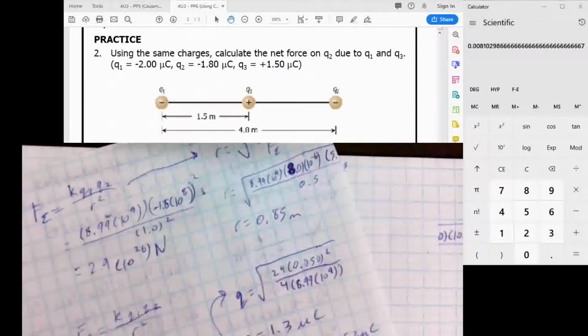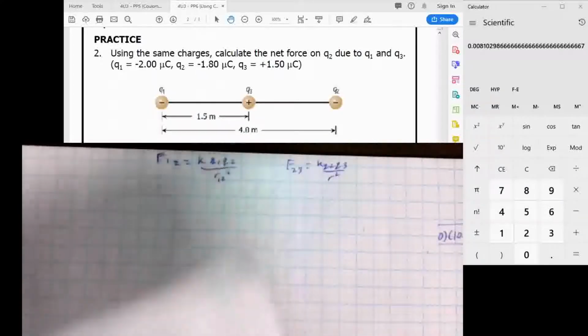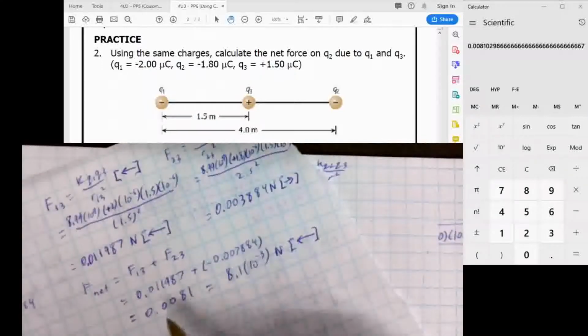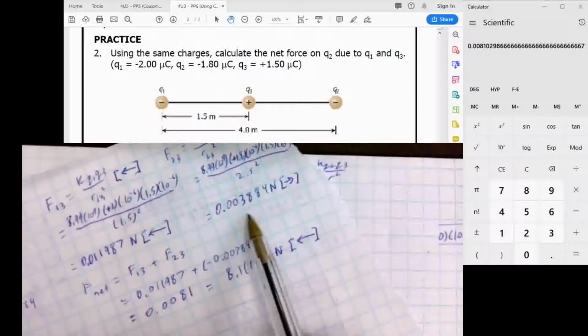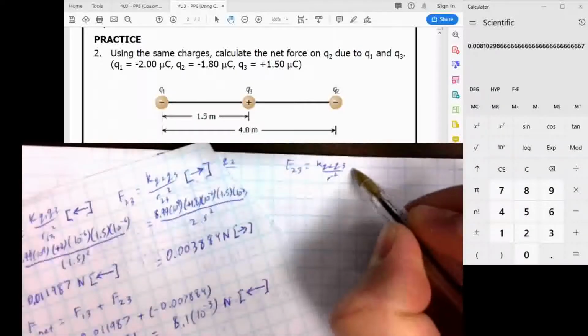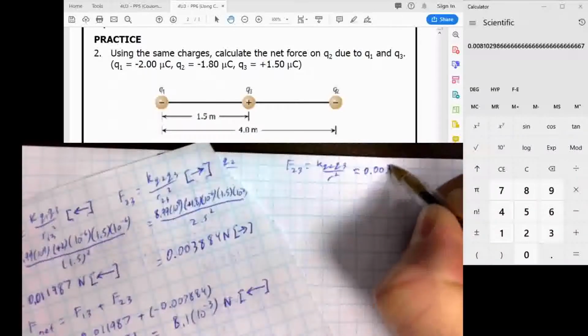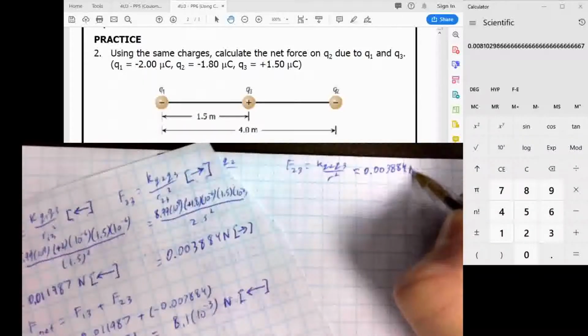Q2 on 3, which was calculated previously. There's the question. Q2 on 3 was this value, so I'm just going to write that in here: 0.003884 newtons.